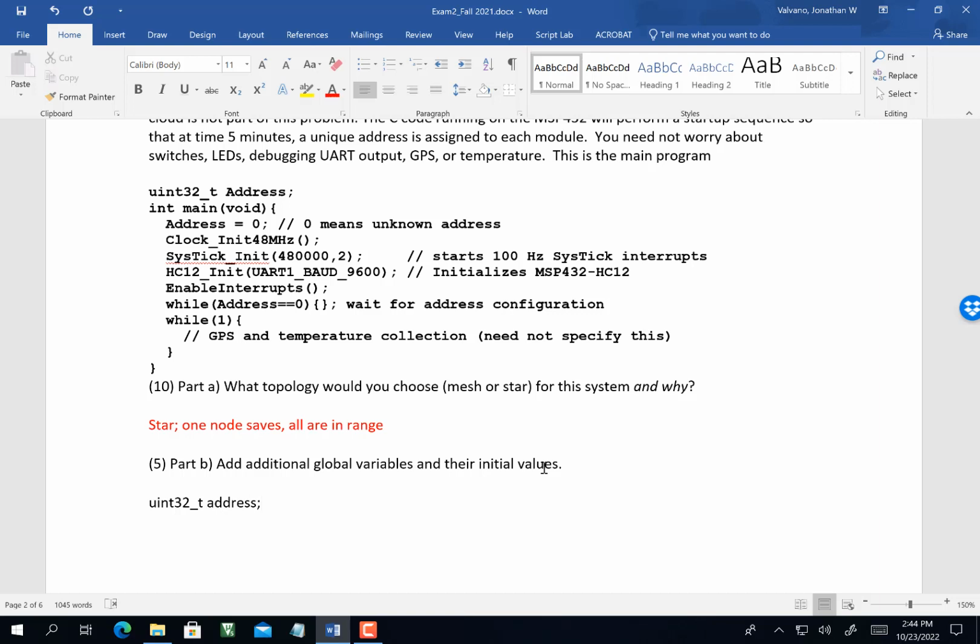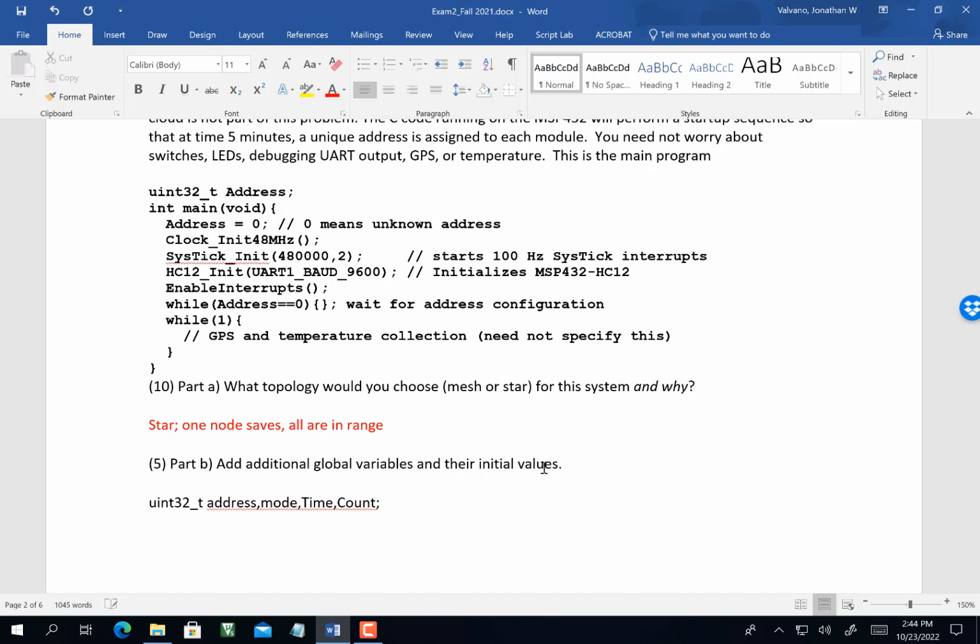That'll be the address. We're going to go through a mode situation. In other words, mode 0 will be initializing, mode 1 will be searching for a master, and mode 2 will be I know my address. Eventually, we're going to know what time it is, and we're going to need some counters to figure out what's going on.